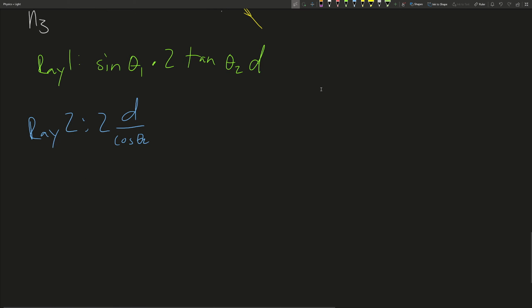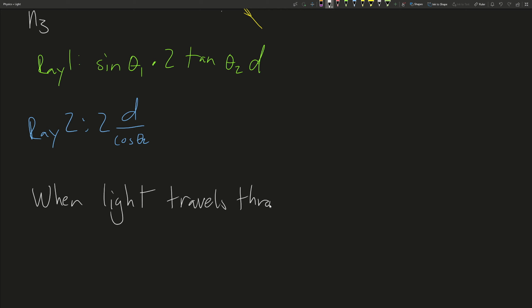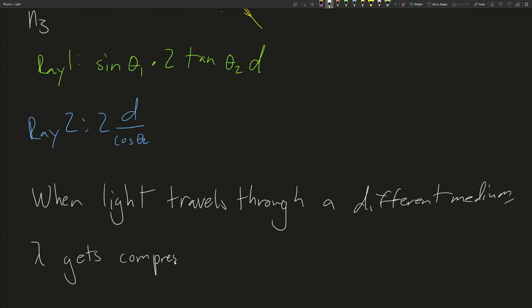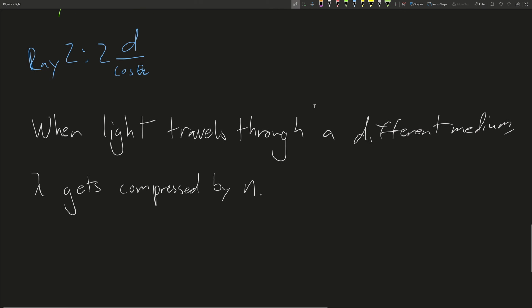So when light travels through a different medium, the wavelength gets compressed by n, right? Because that's our index of refraction.